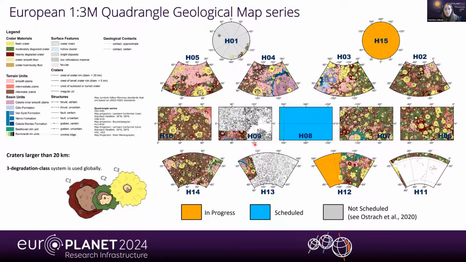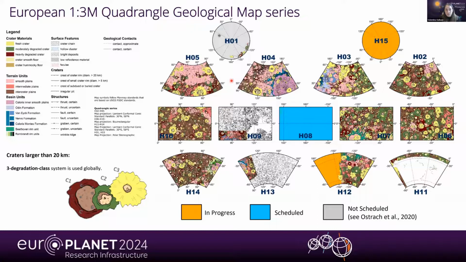We map Mercury with the quadrangle geological map series at 1 to 3 million scale, because this is the best scale achievable using the available base maps. This is still ongoing work, as some quadrangles are already published. For example, the northern mid-latitude quadrangles are all published.